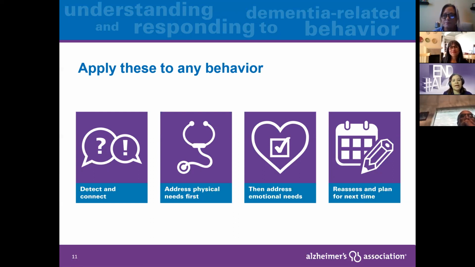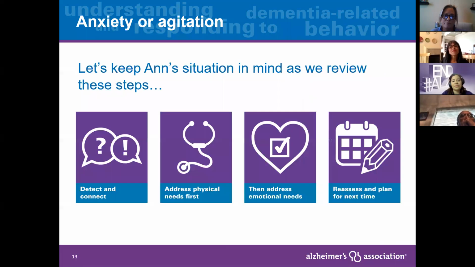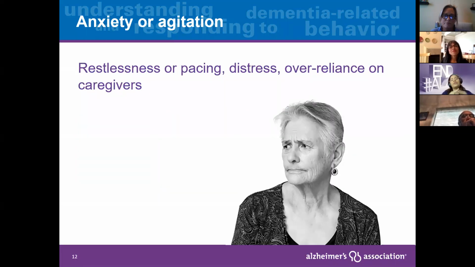So how do you apply these four strategies to any behavior? And like Dura mentioned, this goes beyond just dementia. So something like anxiety or agitation, how can we address that? Restlessness or pacing is how it usually looks.